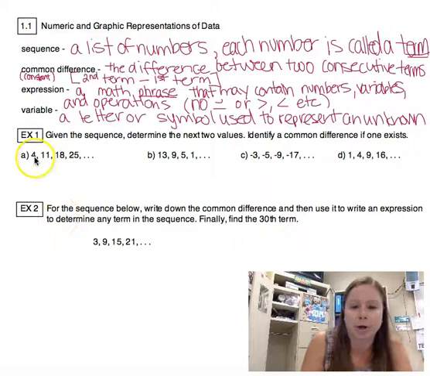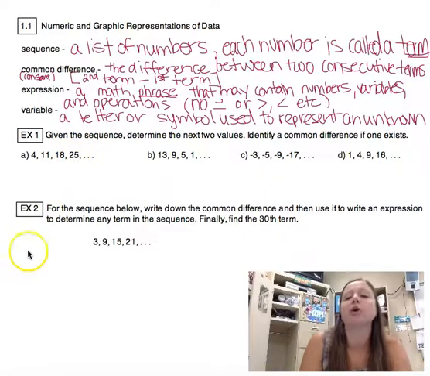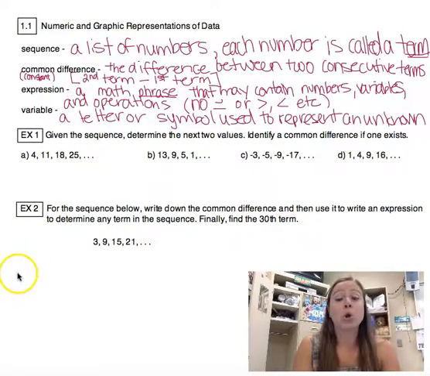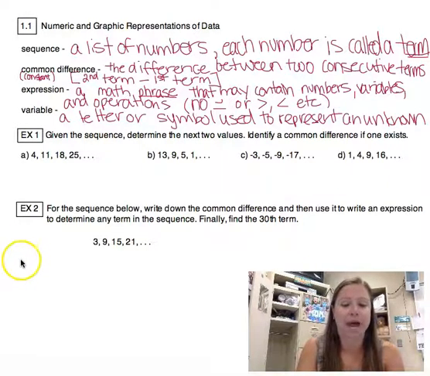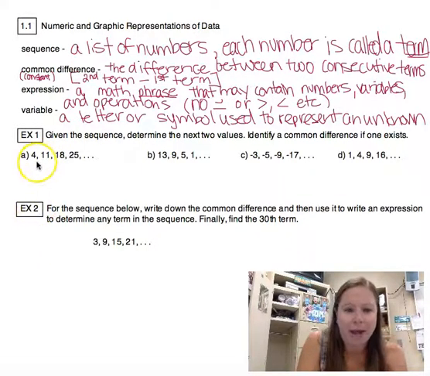We're going to look here, determine the next two values, so 4, 11, 18, 25. If I'm looking for the pattern, which all of your sequences are going to have some sort of pattern, it looks like I am increasing, so my numbers are getting bigger by 7.